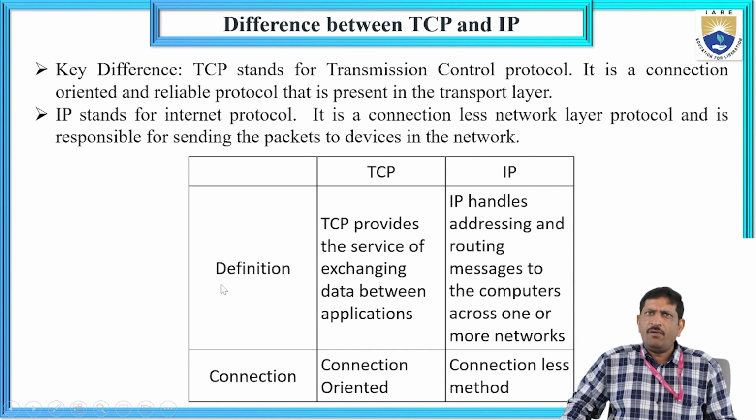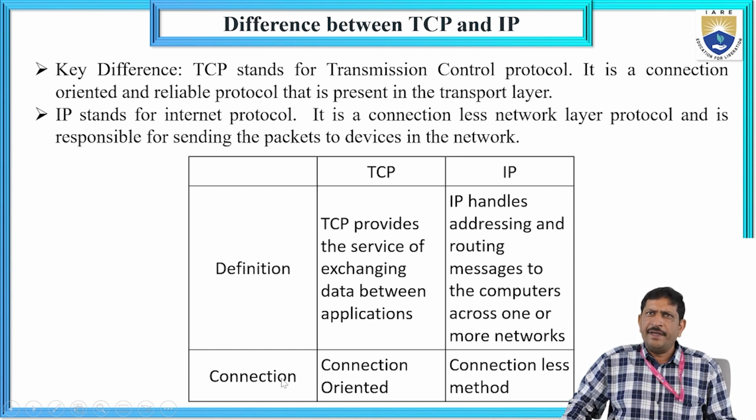In terms of definition, TCP provides the service of exchanging data between application devices. IP handles the addressing and routing of messages to the computer across one or more networks.